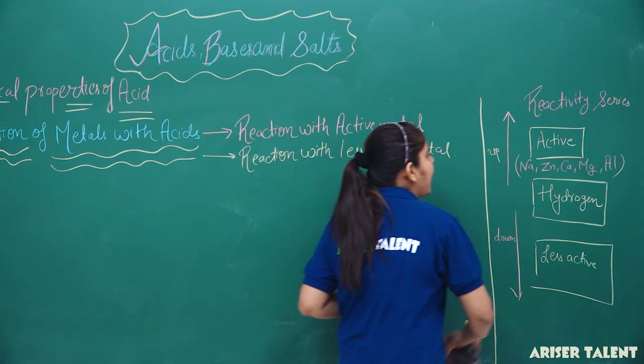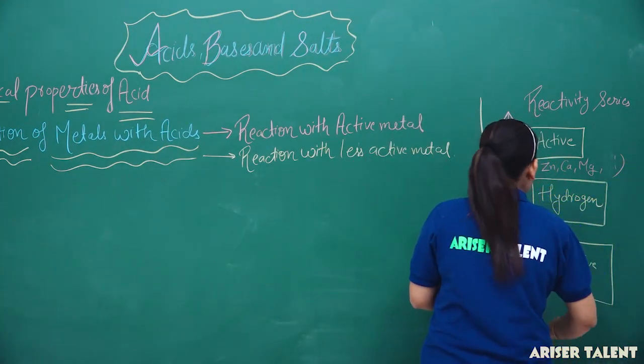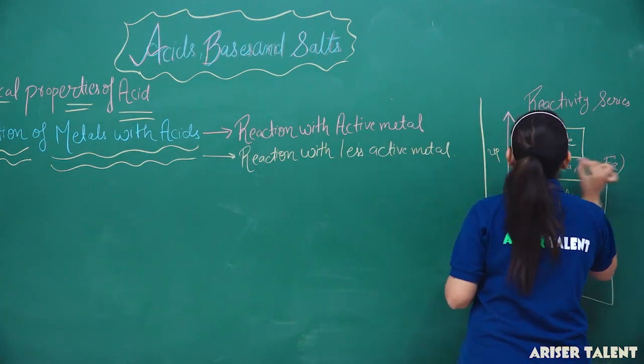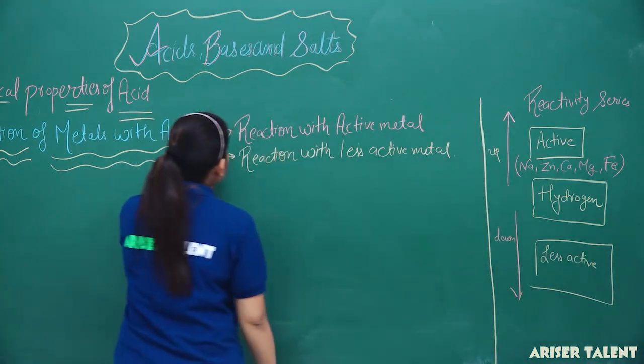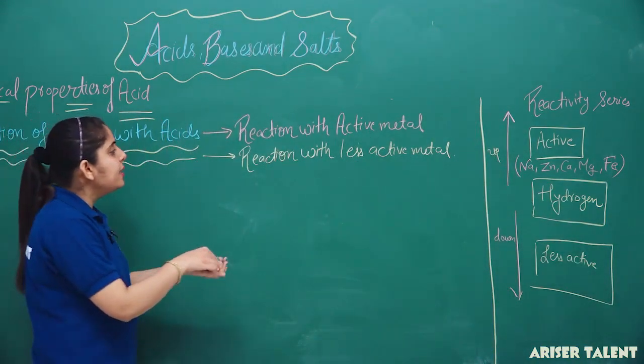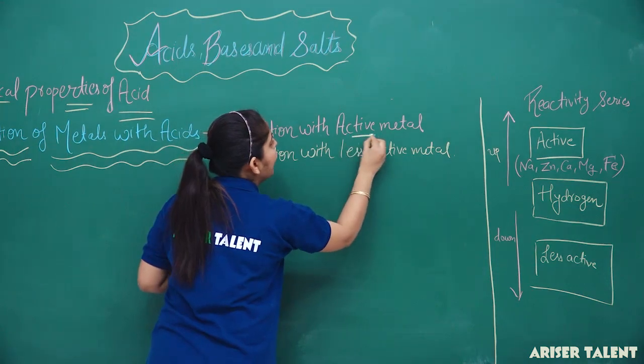Sometimes we will consider the reaction with iron also, so the 6th metal will be iron. Now we are dealing with our first category, that is reaction with active metal.